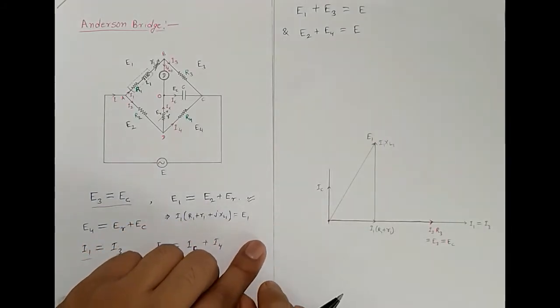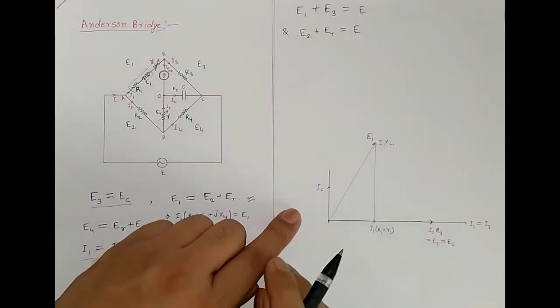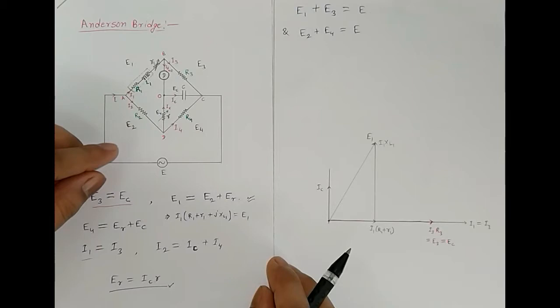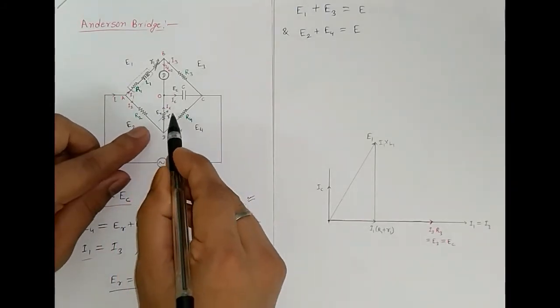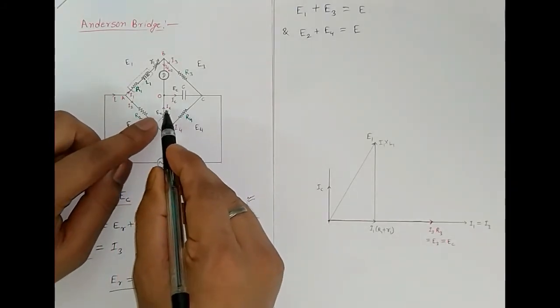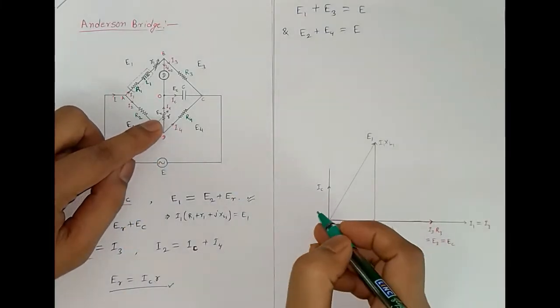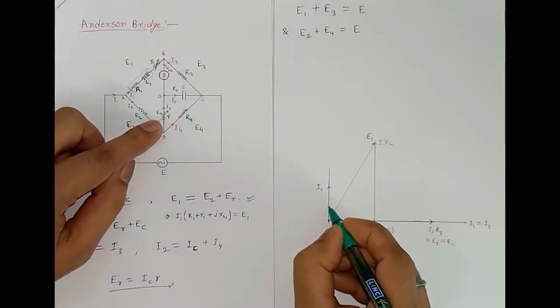Now if we know that this is IC, then this voltage drop, IC into small r, let us assume is this one.